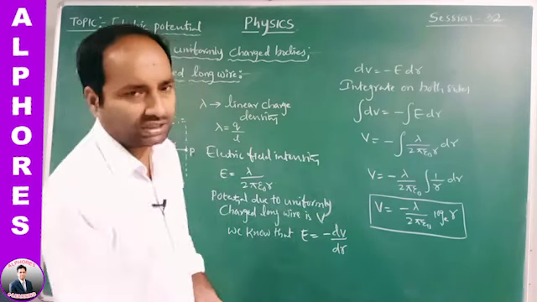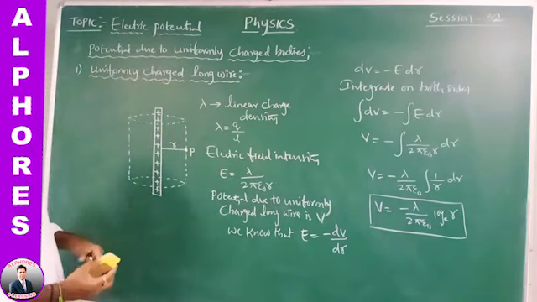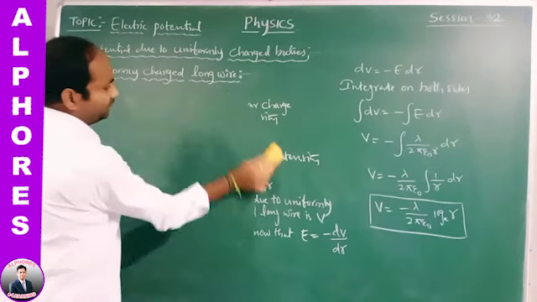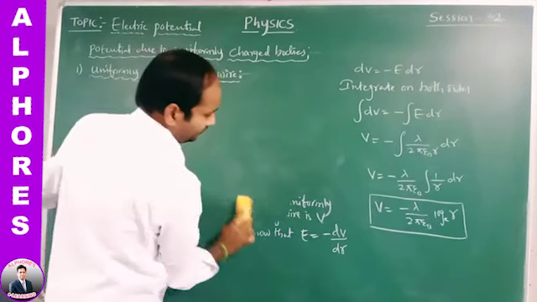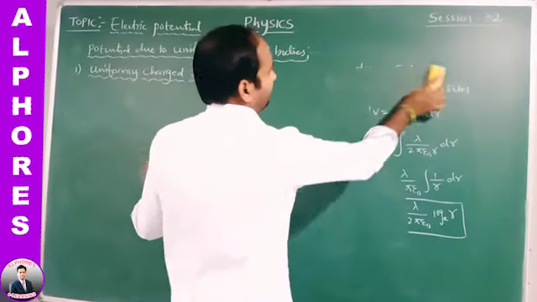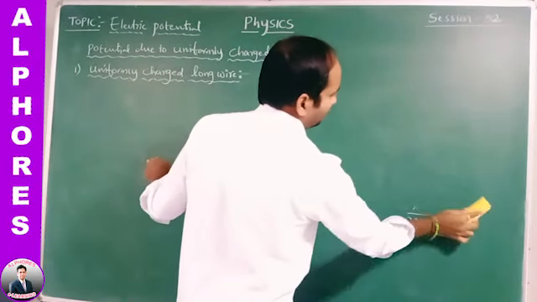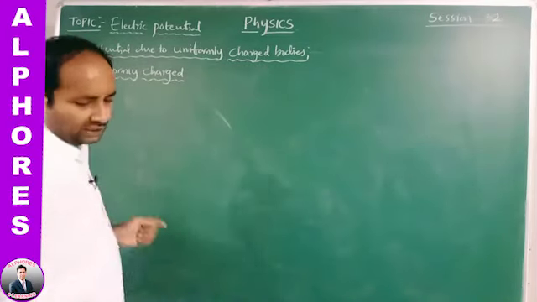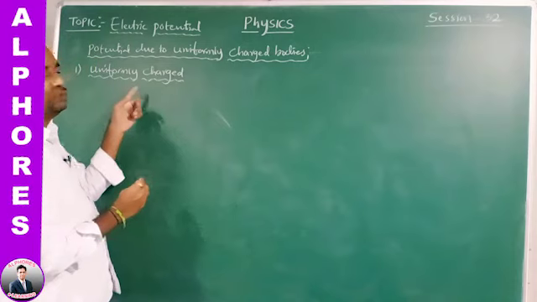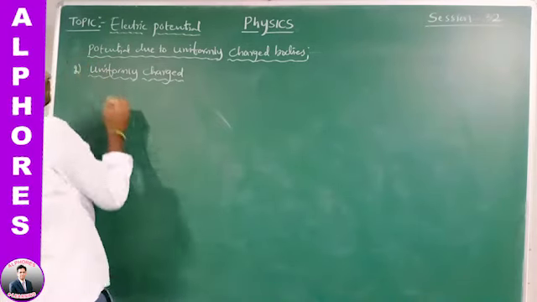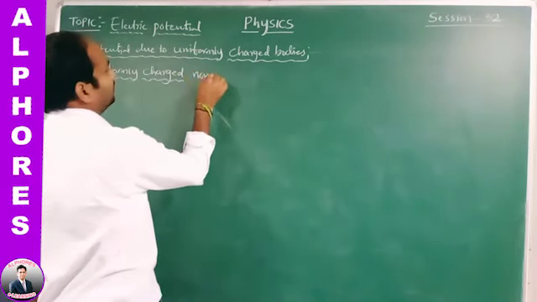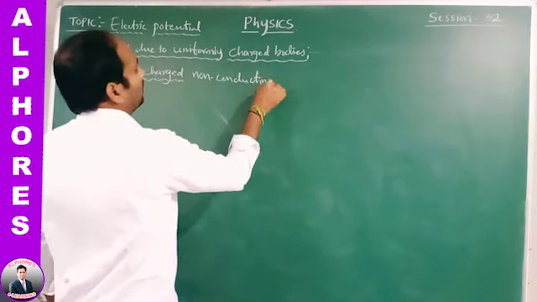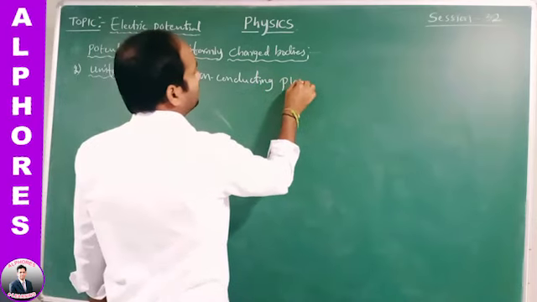This is the first application, the uniformly charged long wire. The second body is the potential due to a uniformly charged non-conducting plane sheet.